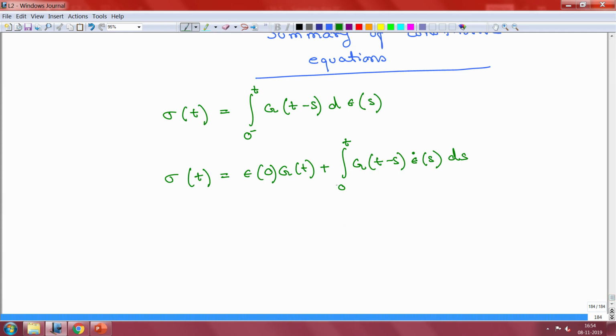Now, this is a convolution equation, and here you can actually just interchange the order of these and the integral will still remain unaffected, right.